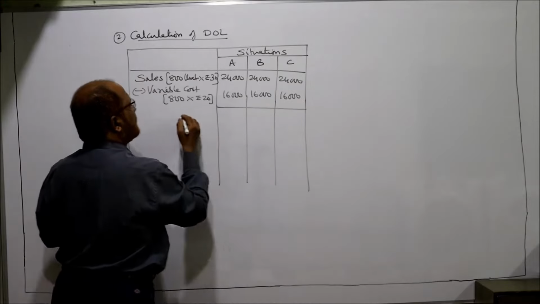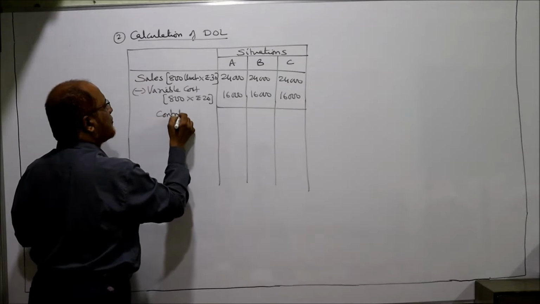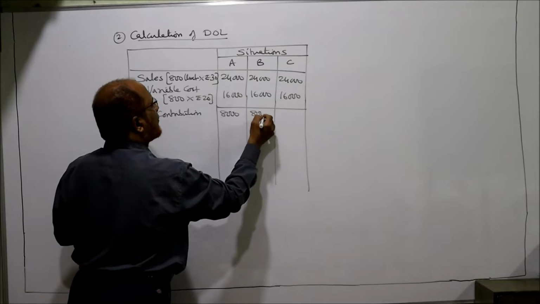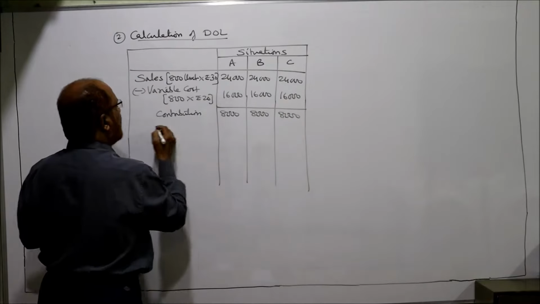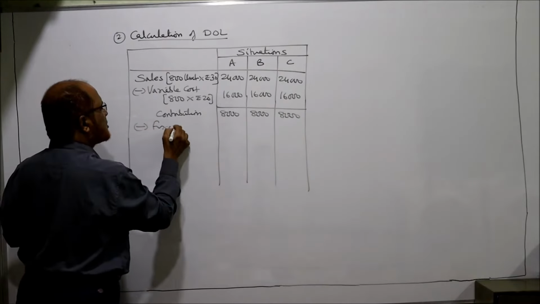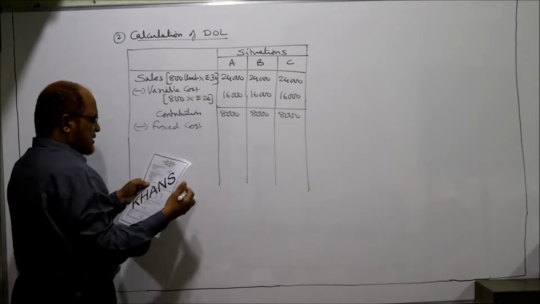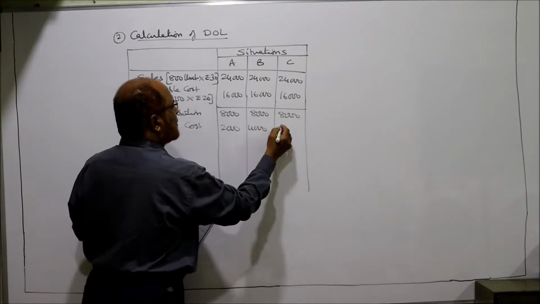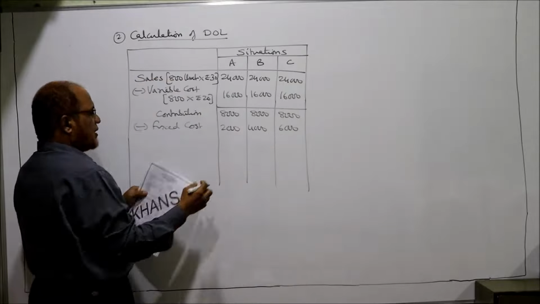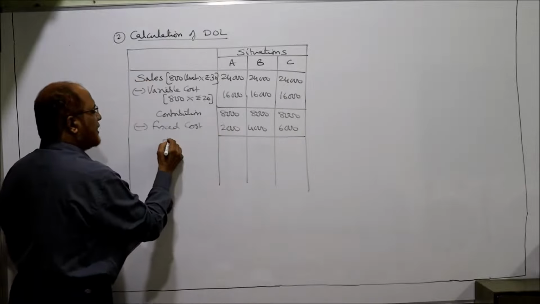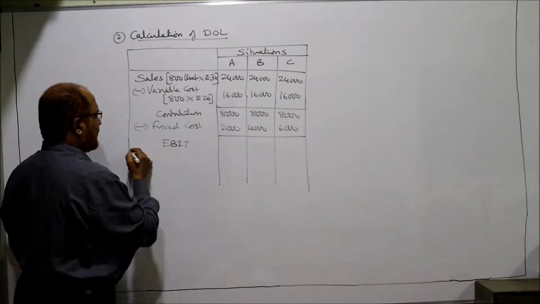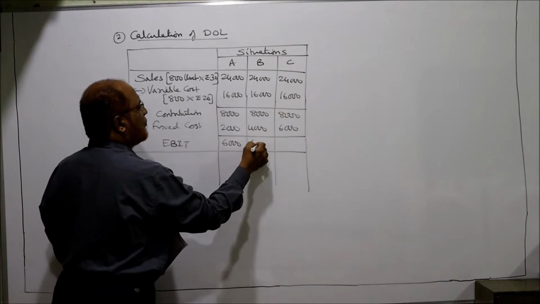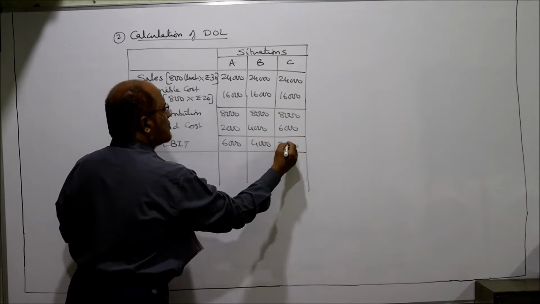So sales minus variable cost will get contribution, 8,000. Less fixed cost. The fixed cost is given: situation A 2000, situation B 4000, situation C 6000. Subtract and we will get EBIT: 8 minus 2, 6,000, 4,000, 2,000.